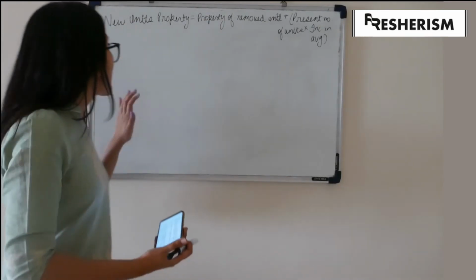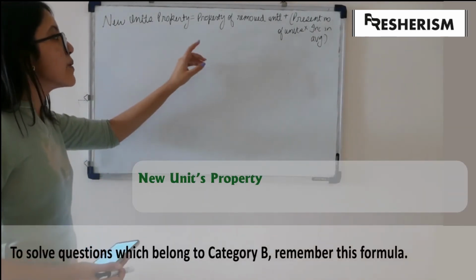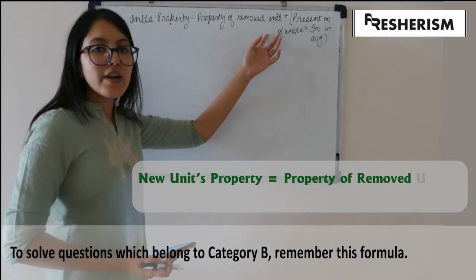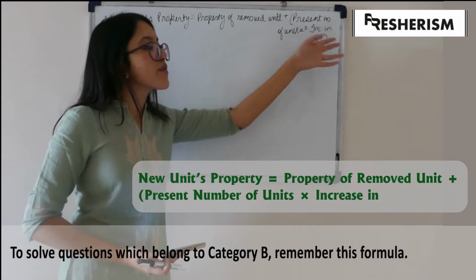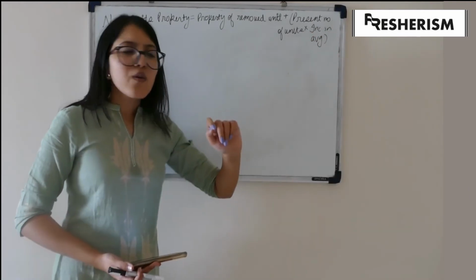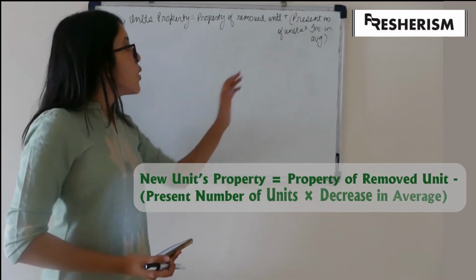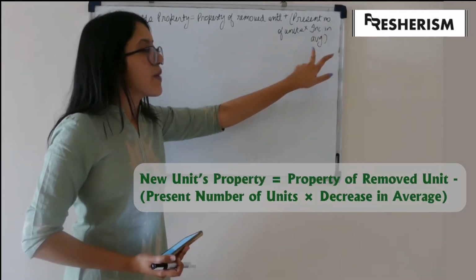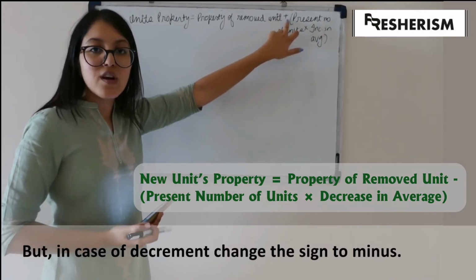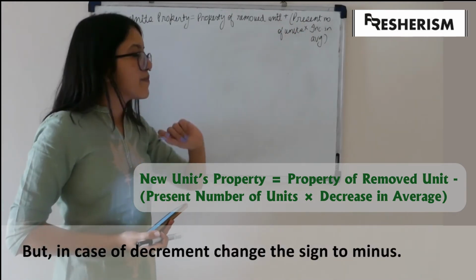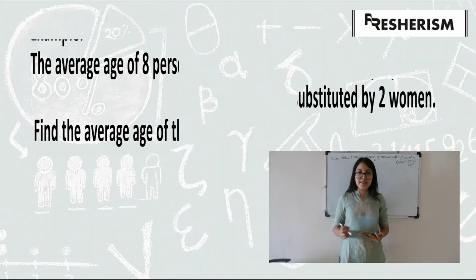Therefore, we follow this very simple formula, which is: new units property is equal to property of removed unit plus present number of units into increase in average. Now, if there is a situation where a decrease in average takes place, we'll change this increase in average to decrease in average, and we'll put a subtraction sign over here instead of an addition sign. Easy, right? With this, let us now look at an example.